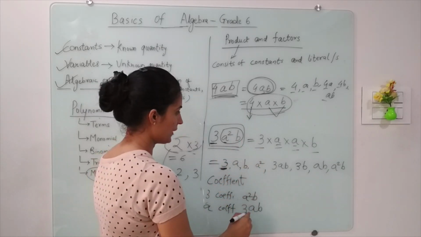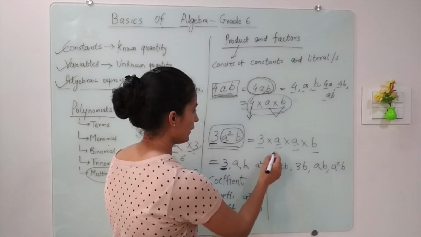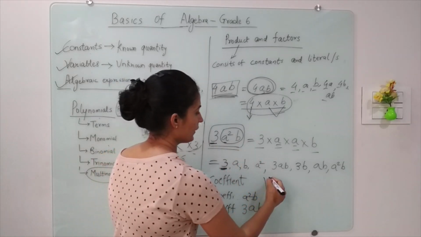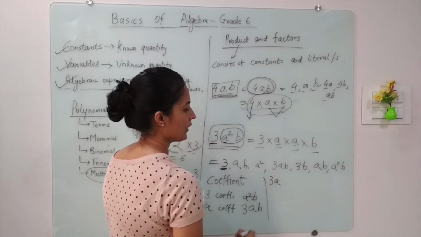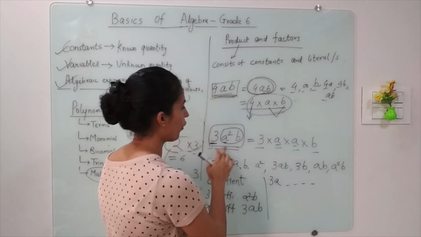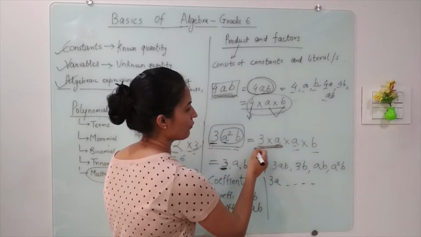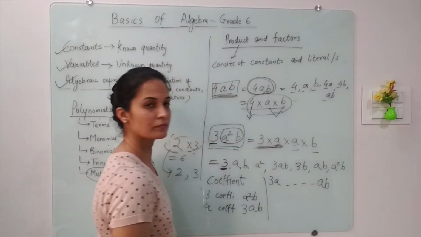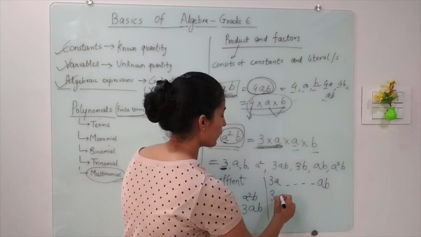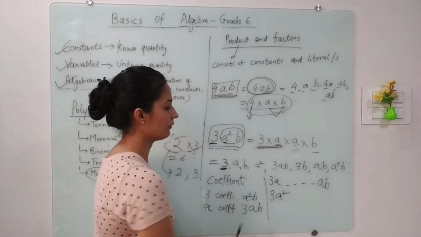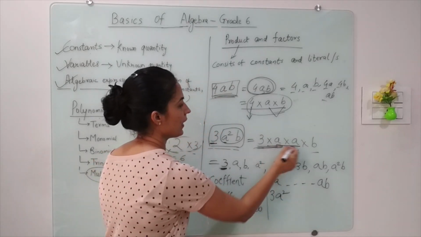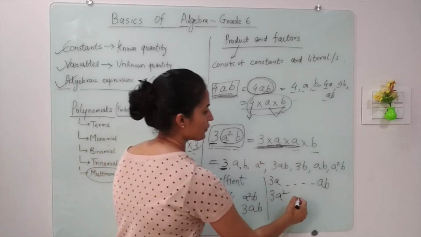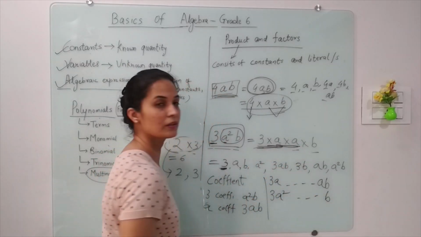Similarly, if I take, suppose in this expression only, 3a is the coefficient of ab. If I say 3a square, then 3a square is the coefficient of b.